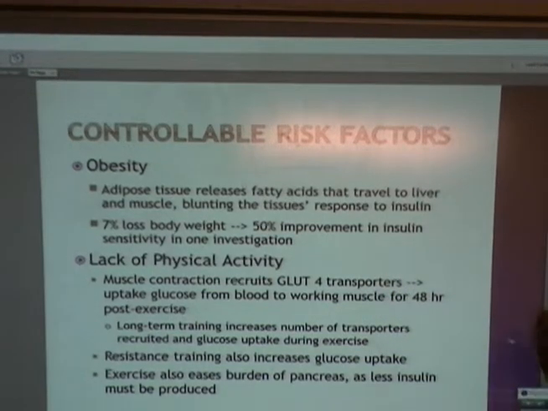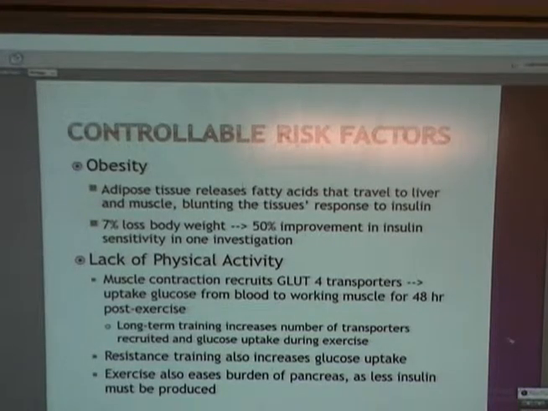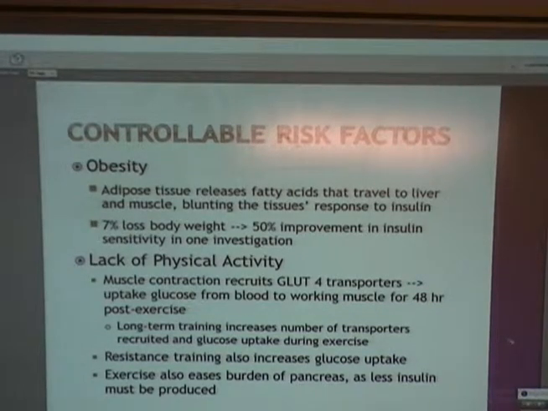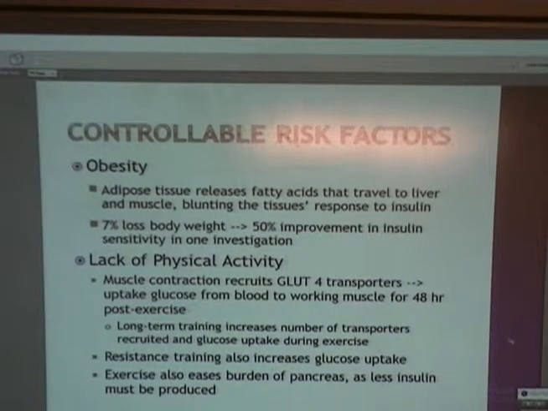As I said, the muscle contraction recruits these transporters that move glucose. It's not the same as insulin, but it's similar to insulin. It recruits transporters in the membrane that help to move glucose out of the bloodstream and into the working muscle, not just during the exercise session, but for a period of time after it.